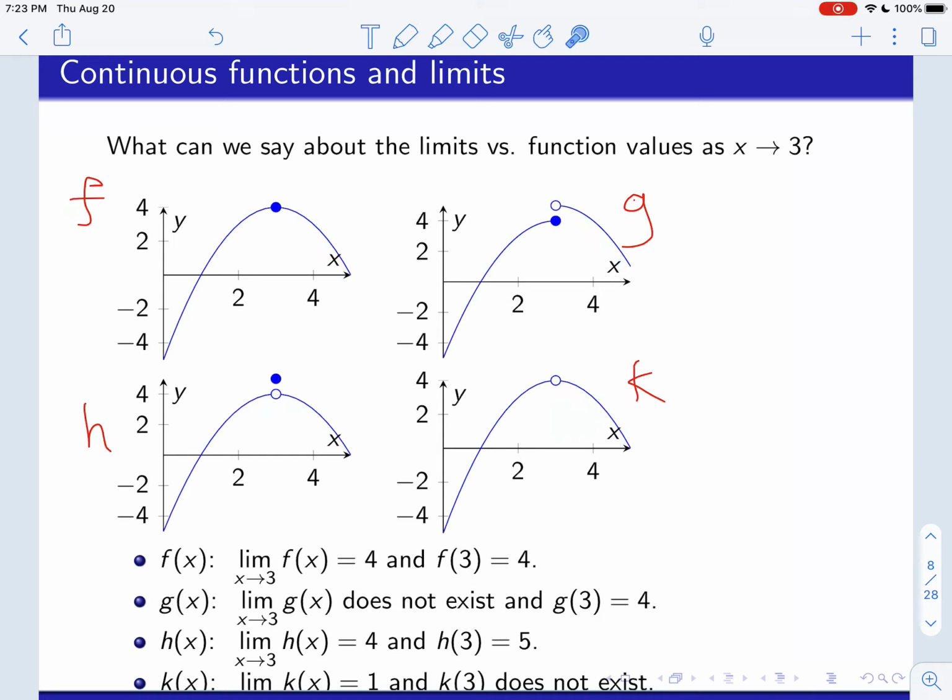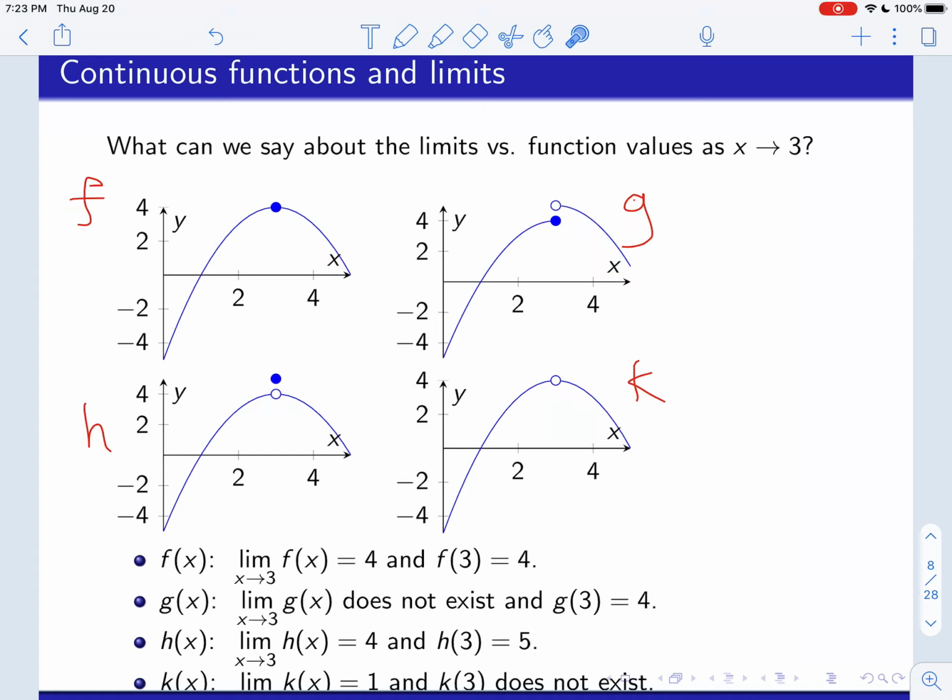So for f, in all of them I'm looking at x approaches 3. I know k kind of ran off the end here, but I think you can see enough of it to be okay. Well, this is exactly the one we started off with. The limit and the function value are both 4. They're both this one single solid point.